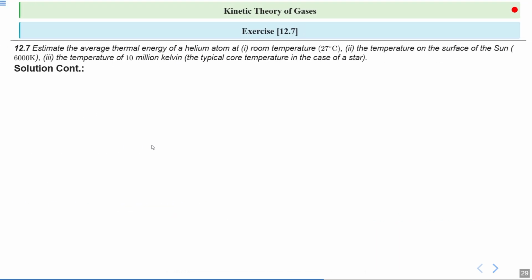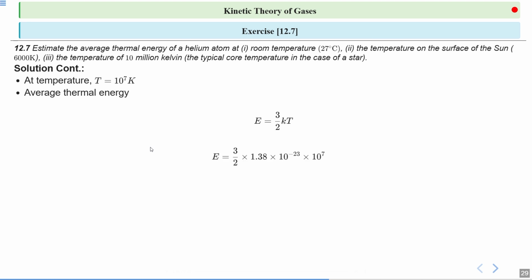Now, at temperature T equal to 10 raised to the power 7 Kelvin, the average thermal energy E equals 3/2 kT. Here E represents the average thermal energy, k is the Boltzmann constant, and T is the temperature in Kelvin. So let's substitute the values into the formula.